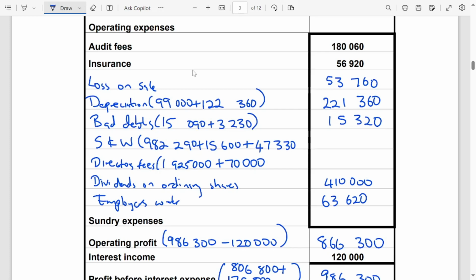That is going to be 1,045,120. Directors' fees, 1,925,000 plus 70,000. That is going to be 1,995,000. Right?